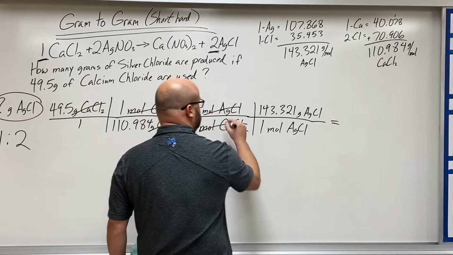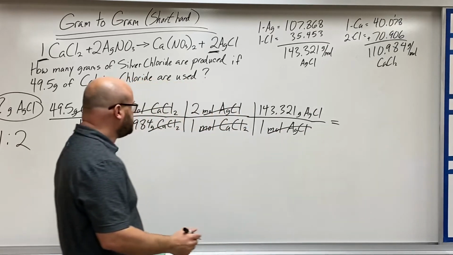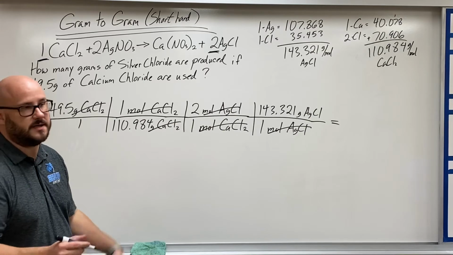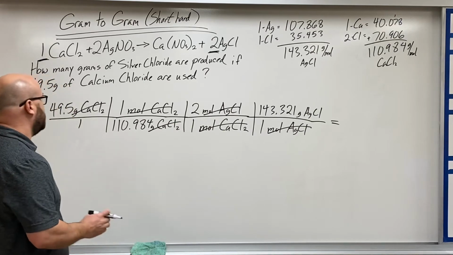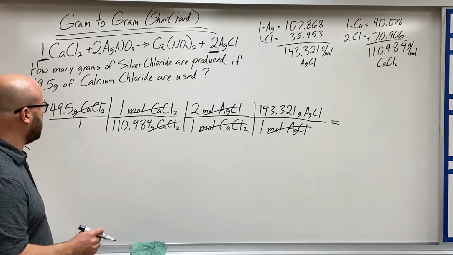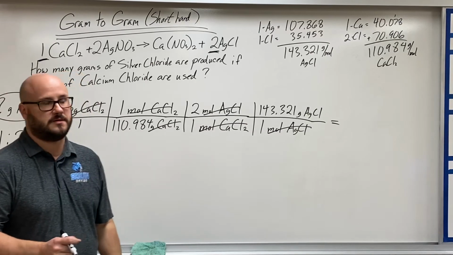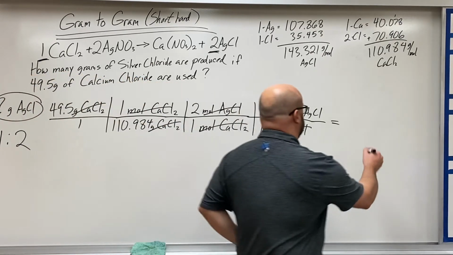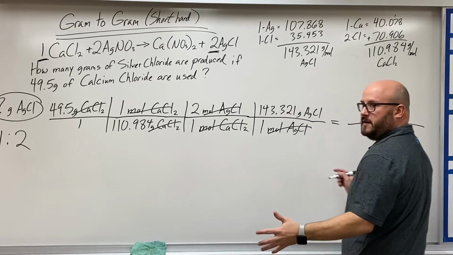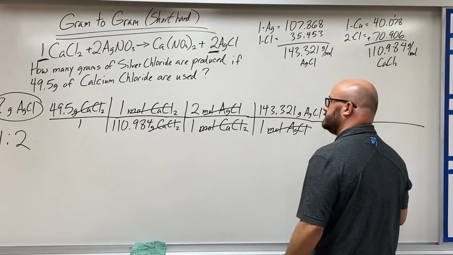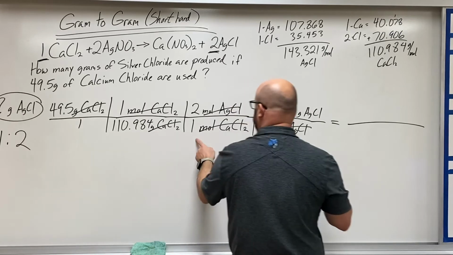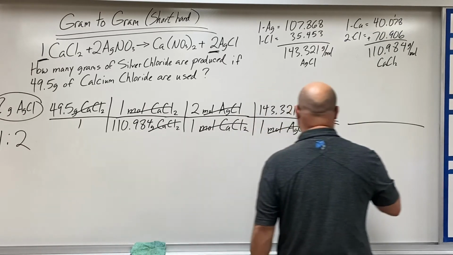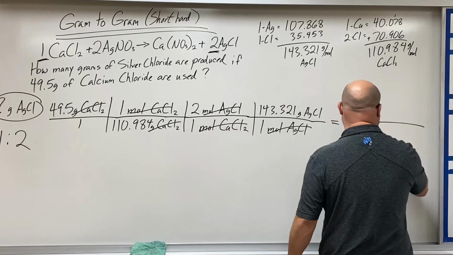Cancel out those moles, and now all that's left are grams of AgCl. That's what we want. Now at this point, you multiply everything on the top and then everything on the bottom. I'm going to do the bottom one in my head. 1 times 1 times 1 is 1, times 110.984 is 110.984.